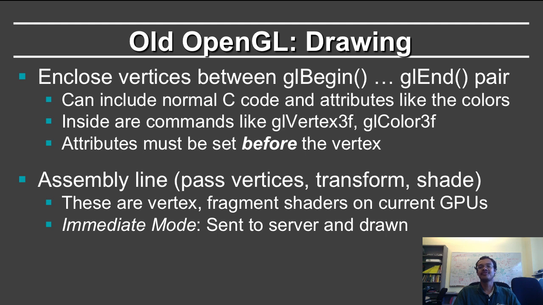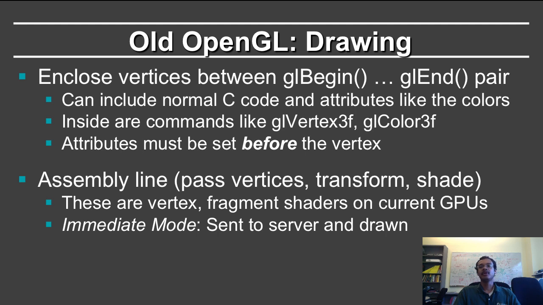What is the 3f for? It's really because OpenGL is C-based. Remember, it dates back to '92. It doesn't include function overloading. So 3f means floating point arguments, 3 of them are input. If it were 3i, it would be 3 integer arguments, and it defines different functions for each of these.